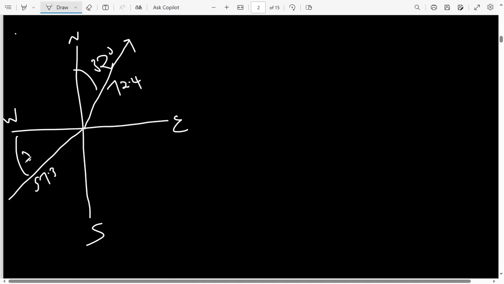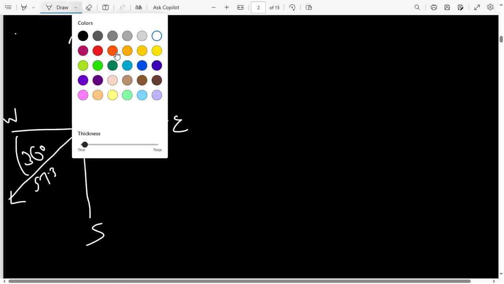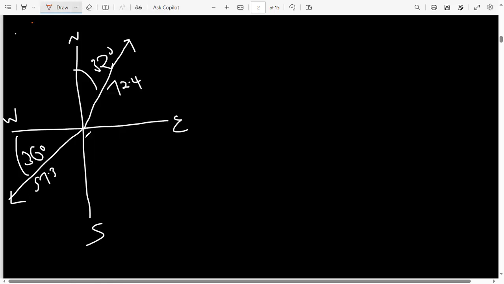So this here will be our 36 degrees like that. Then our last vector was just directly in the south like that. This one I've drawn in red, they said its magnitude was 17.8 meters.